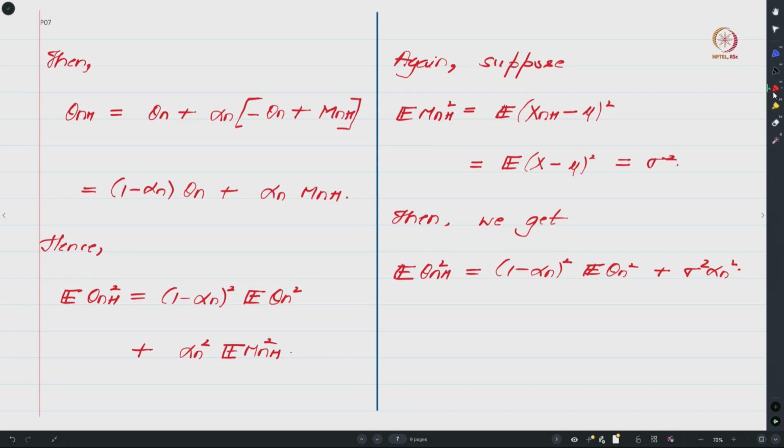Recall that our update rule was x_{n+1} equals x_n plus alpha_n times (X_{n+1} minus x_n). So again by adding and subtracting mu to this expression, one can see that we would have this update rule, and again what we will do is collect the common terms over here, so that we end up with (1 minus alpha_n) times theta_n plus alpha_n times M_{n+1}.